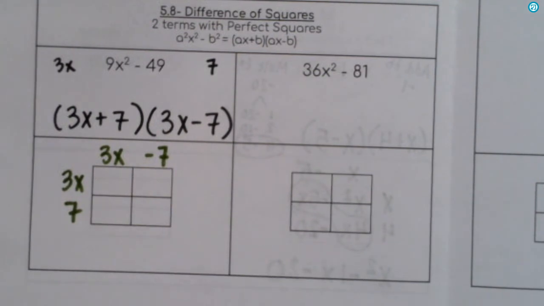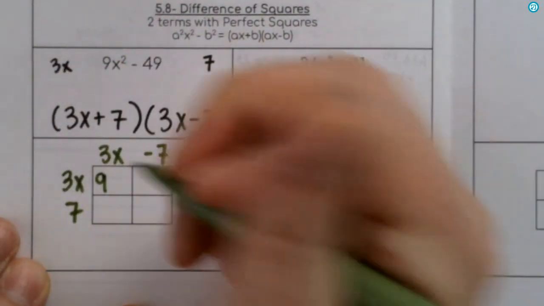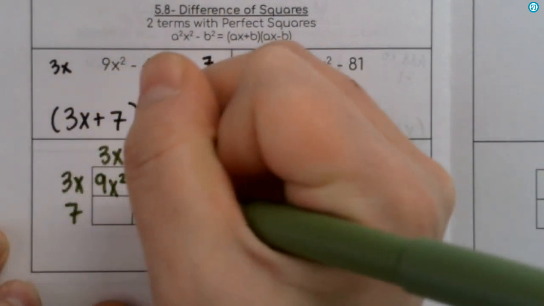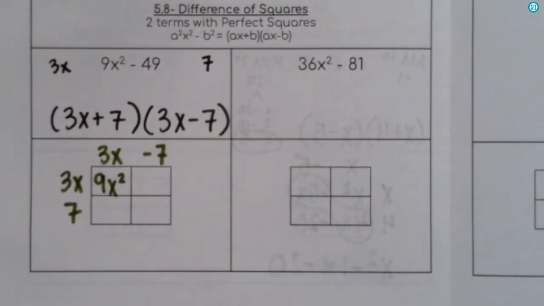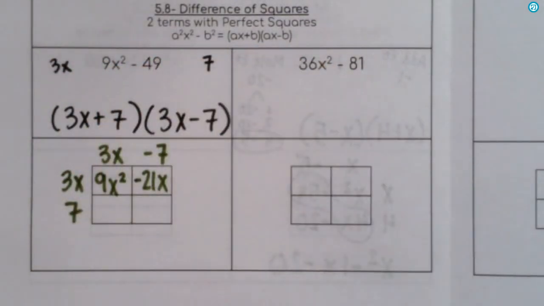When we go to multiply those out, 3 times 3 is 9, and x times x is x squared. Top right-hand corner, 3x times negative 7 is negative 21x. I just did the 3 times negative 7.